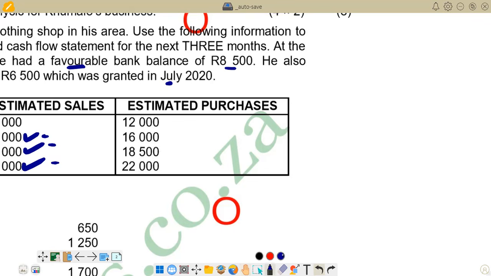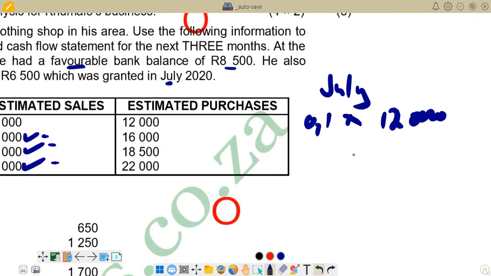What we are going to do there, let's start with July. July is saying 10%, which is 0.1. We multiply it by 12,000. That is what is going to be July. Then we get 1,200. We do the same thing for August.